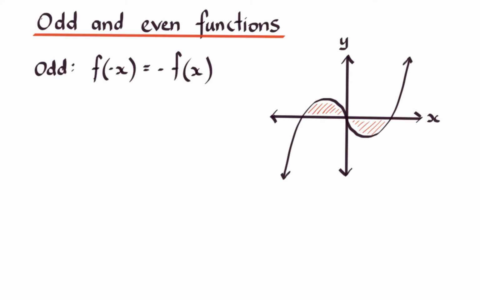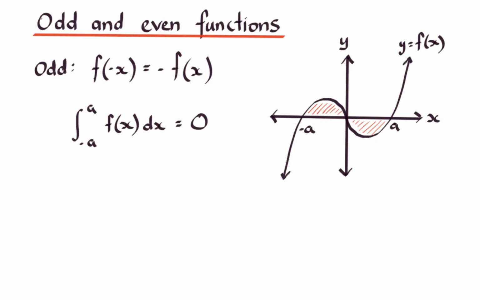And so if we were to find the integral between this value here, we'll call a, and this value here would be minus a, because the areas are identical, but one is positive and one is negative, they would cancel out and give us an integral value of 0, which is pretty neat. So for any odd function, y equals f of x, we get this integral value.